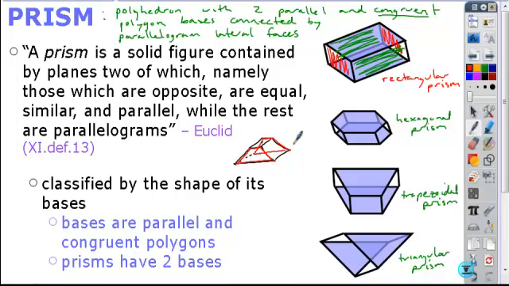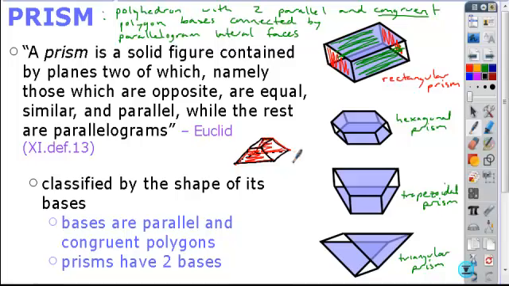Are they parallel? Yeah. Are they connected by rectangles? Yeah, each of the lateral sides. Here's one rectangle, second rectangle, third rectangle, and then the bottom, a rectangle. So this is considered a prism.